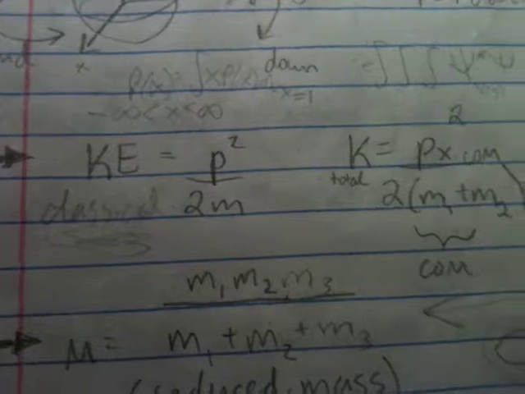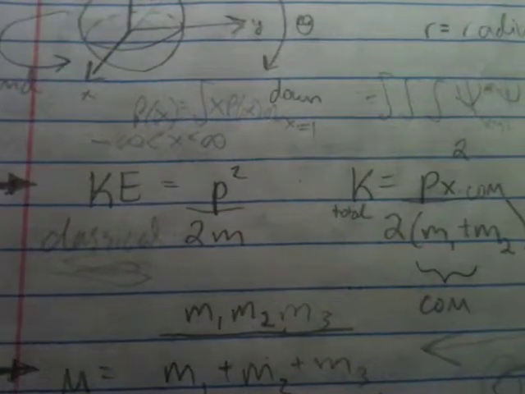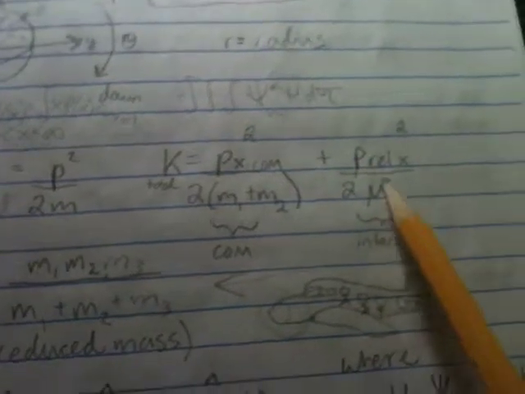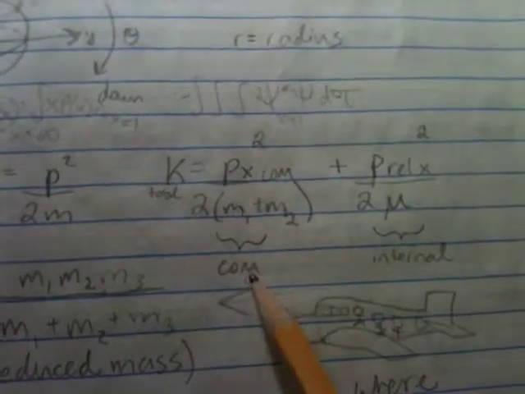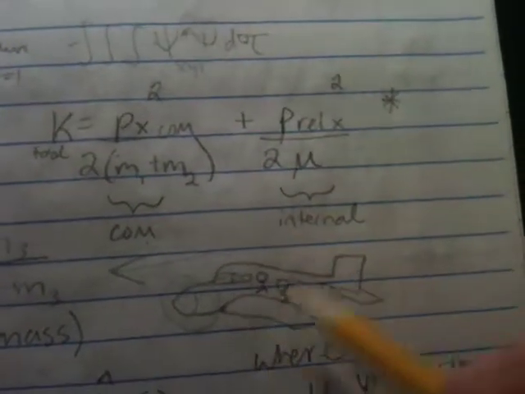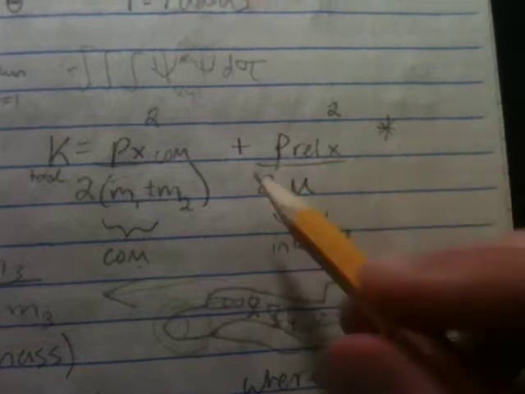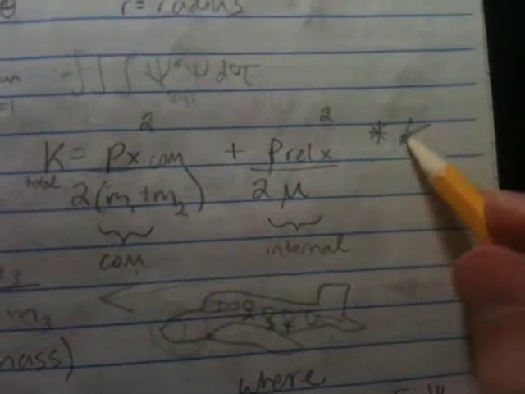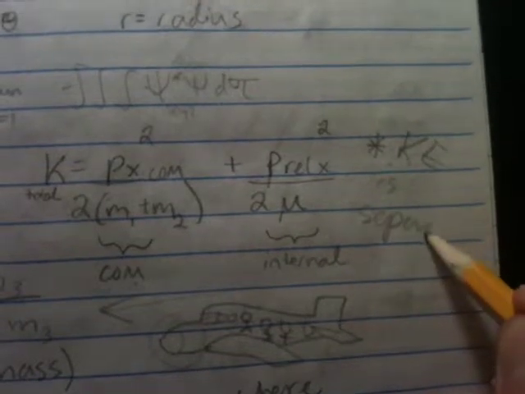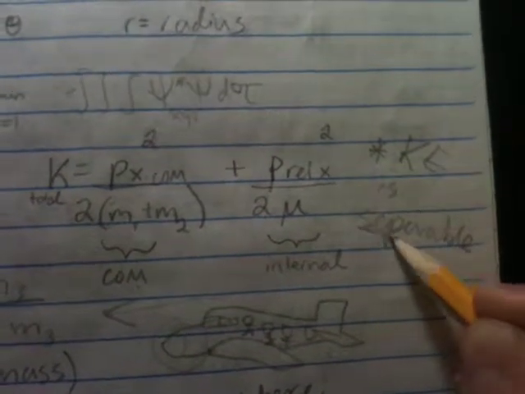And operators. Getting into operators, we have to talk about kinetic energy. This is our momentum. This is total kinetic energy comprised of center of mass and internal, meaning they're separable. What's really important out of this is not my plane, even though it's nicely drawn. The important idea behind all this is that the kinetic energy is separable.